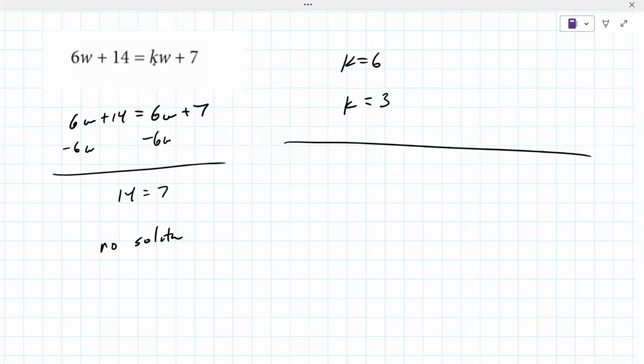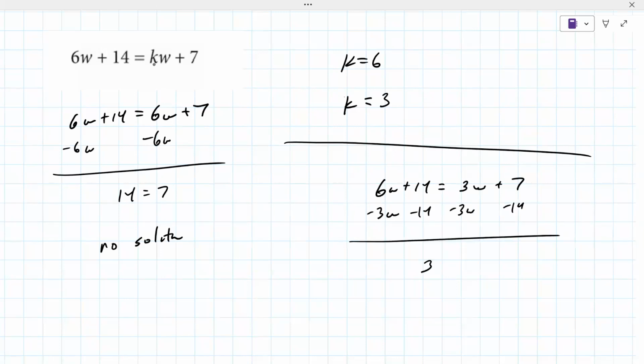So now let me come off to the side here. 6W plus 14 equals 3W plus 7. Okay. And you subtract 3W from both sides, and you subtract 14 from both sides. You get 3W equals minus 7. This is one solution. So there's a lot of values of K that make this one solution.